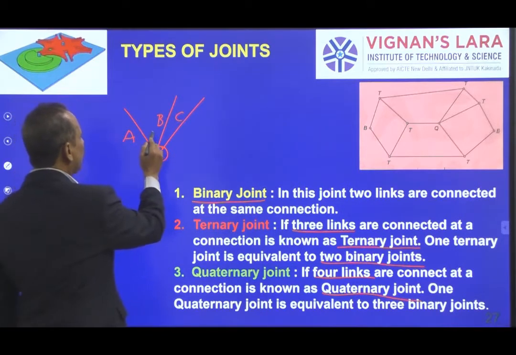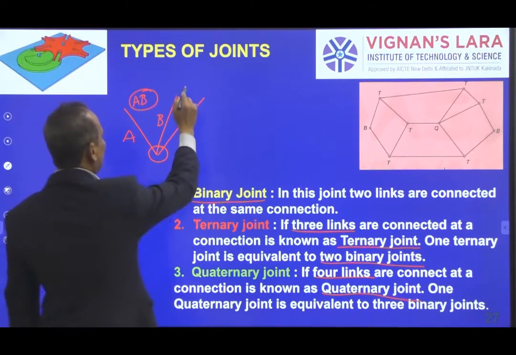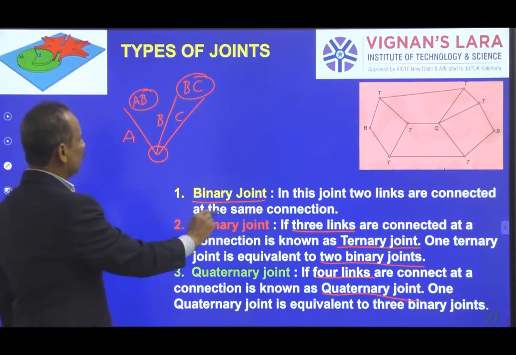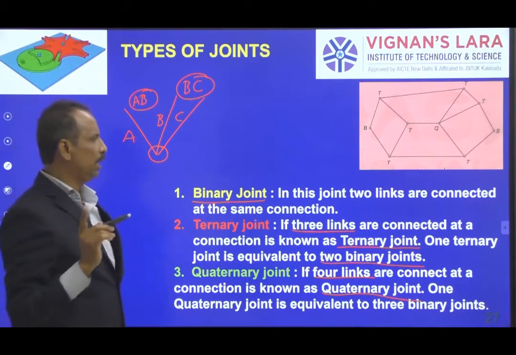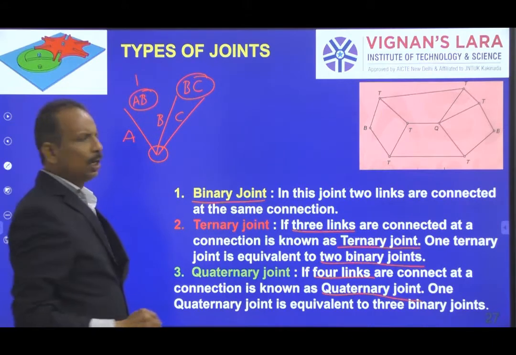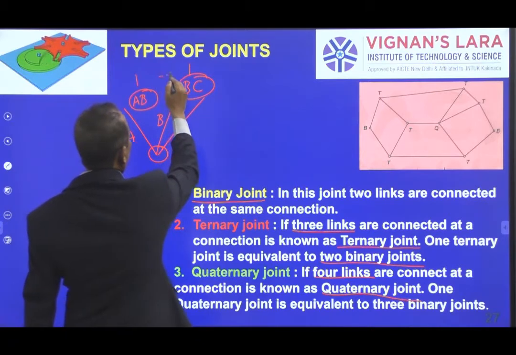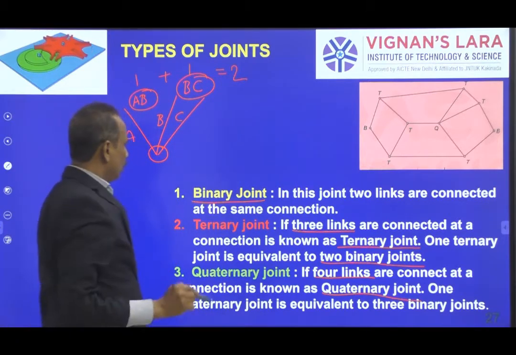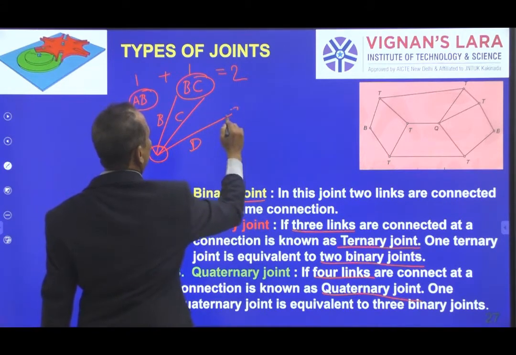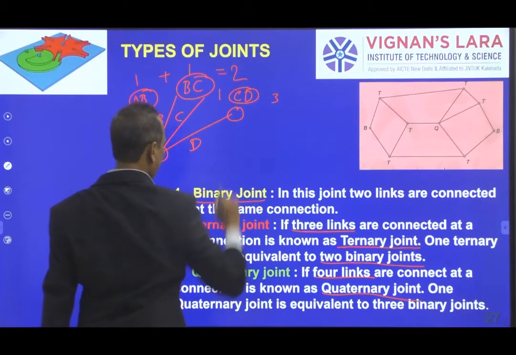How? A and B can be taken as one pair, and B and C as another pair. As per the definition of the binary joint, if two links are joined at one location, it is called binary, so AB is one binary and BC is another binary. So the ternary is now 1 plus 1, 2 binary joints. Similarly, if I add one more link D, then CD is another one, which makes 3.